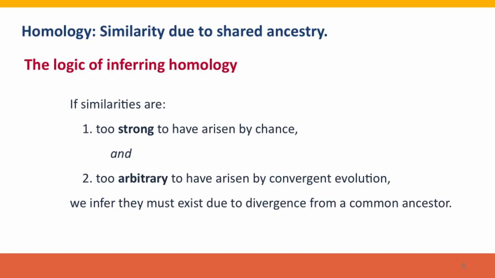The general principles are if the similarities are so strong that they couldn't have arisen by chance, for instance, the similarity between the aniridia gene and the eyeless gene that I showed you, and they're too arbitrary to have arisen by convergent evolution. That is, the similarities extend to features that would not be acted on by natural selection. Then we infer that these similarities must have arisen because of divergence from a common ancestor, and that is, they must be due to homology.